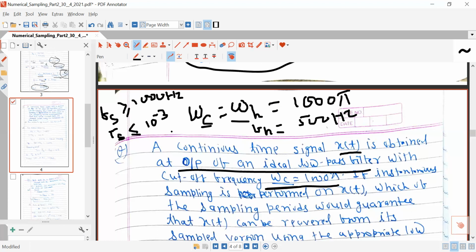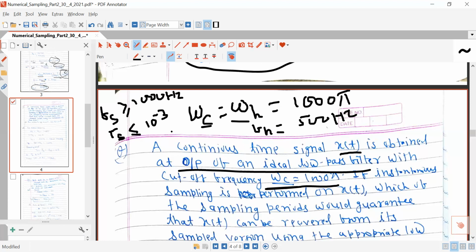So this will be the suitable Nyquist interval for the reconstruction of the signal. If you want to reconstruct xt from the sampled signal, the Nyquist interval should be either equal to 10 to the power minus 3 or less than 10 to the power minus 3.